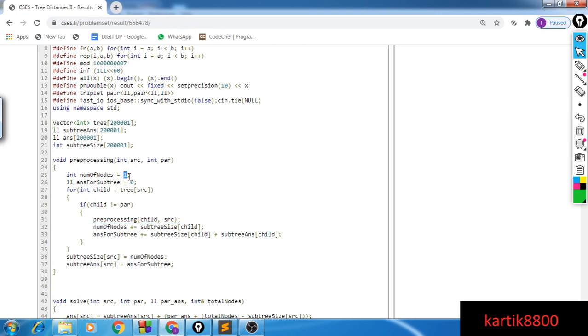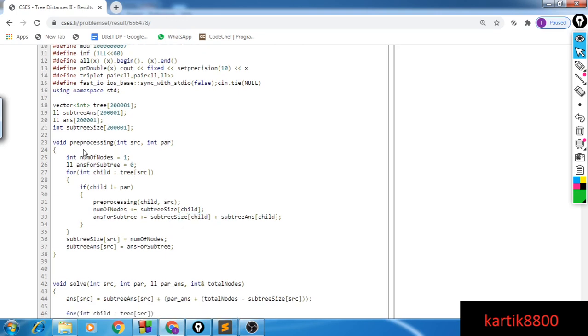Plus 1 for SRC itself. And answer for the subtree rooted at SRC is going to be the sum of the subtree answers for all the child nodes plus their subtree sizes, right? Subtree answers and subtree sizes as we discussed in the recurrence. So this pre-processing step will evaluate this thing and this thing.